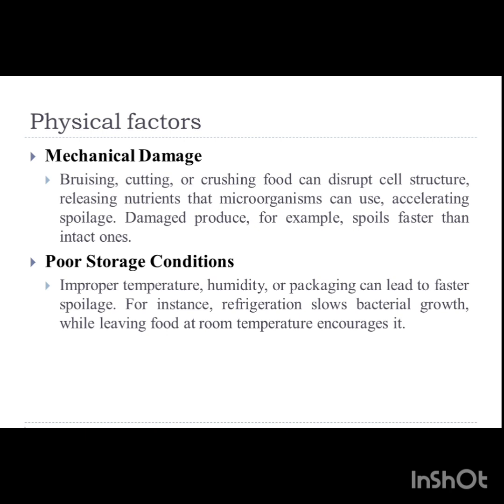Poor storage conditions: if it is very humid air or it is not airtight, it must be temperature controlled, otherwise the microorganisms can easily grow. So these are the physical factors which we are talking about in food spoilage.